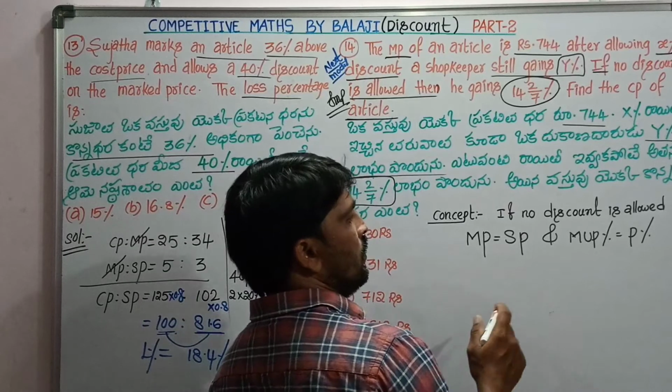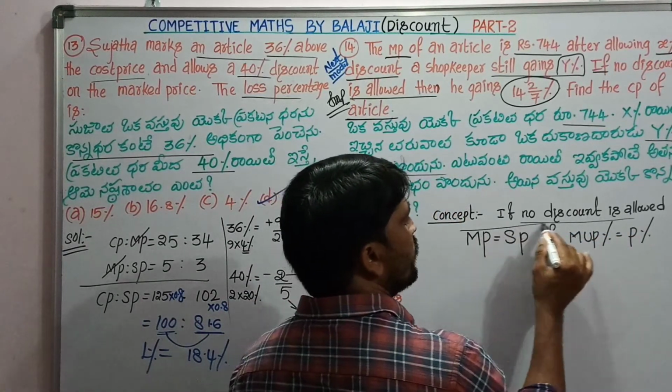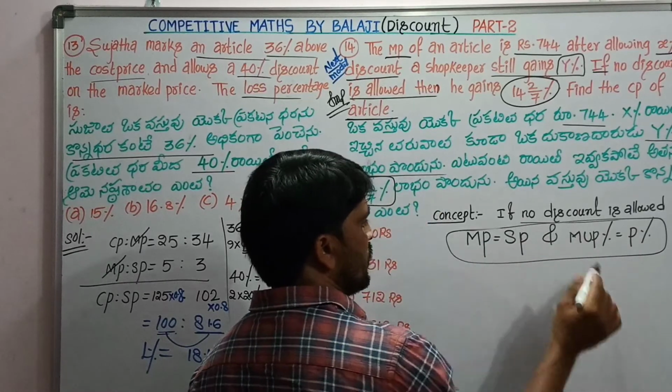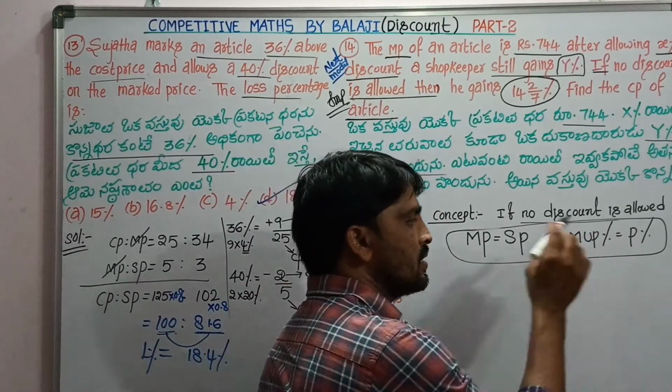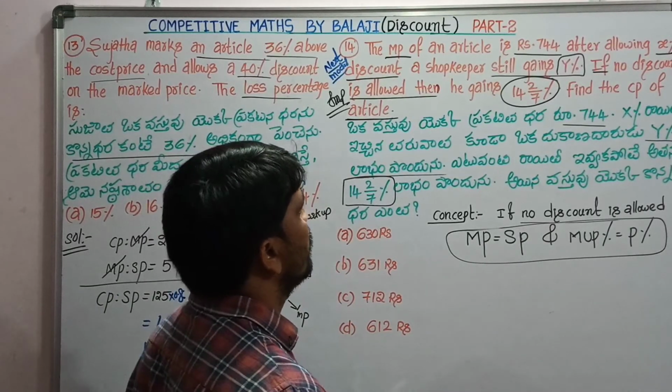On any article, if no discount is allowed, then we get market price equal to selling price and markup percent equal to profit percent. Depending on this concept.